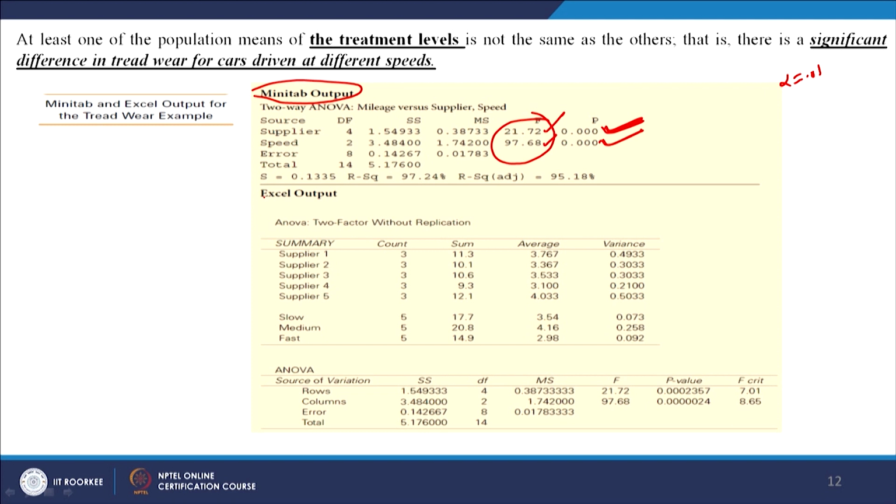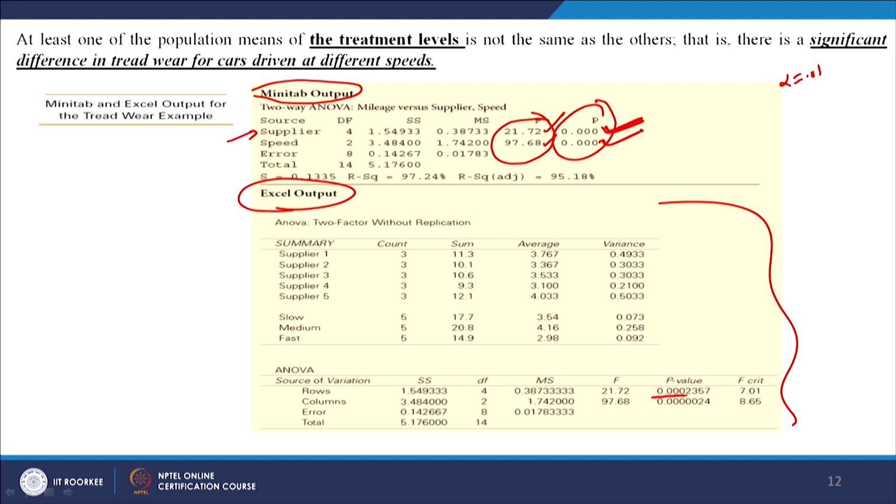So, this is the output from Excel, right, same answer, just see this p values for let us say supplier is 0, this is supplier means row, right.